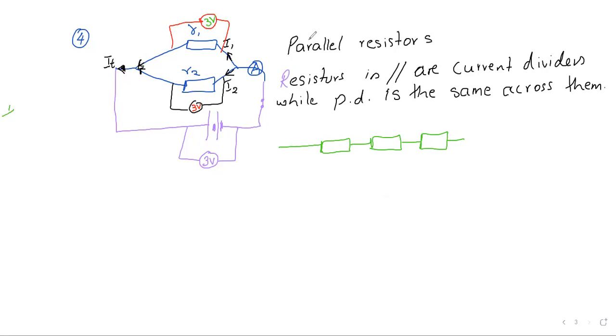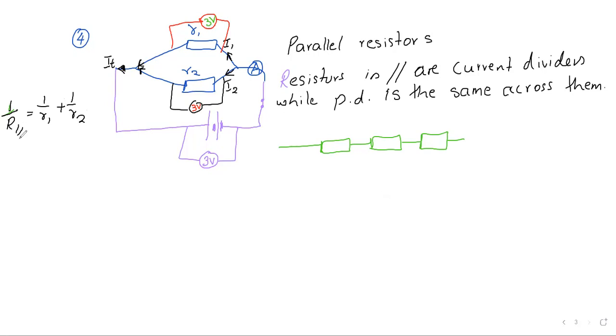The equivalent resistance of the parallel combination is given by 1 over R parallel equals 1 over R1 plus 1 over R2. Now these are fractions.